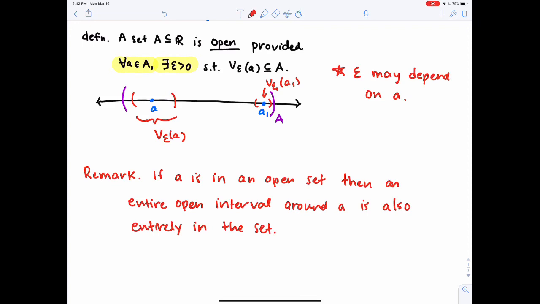So basically, if you have a point in your set, then you've got essentially infinitely many points in a close neighborhood nearby around you that are also in that set.